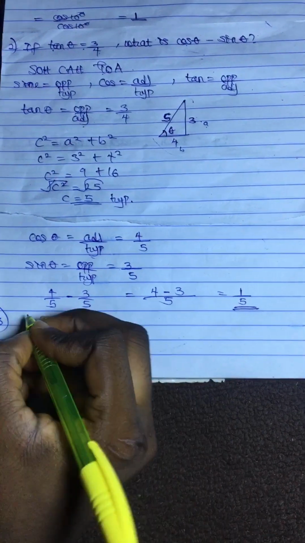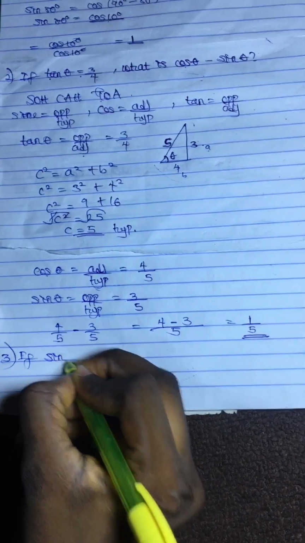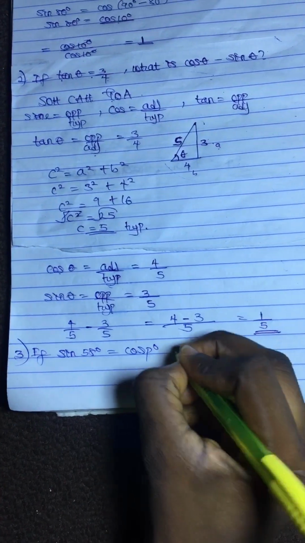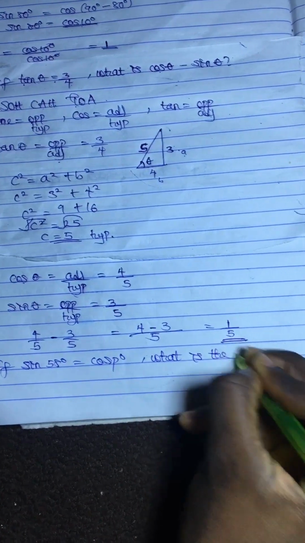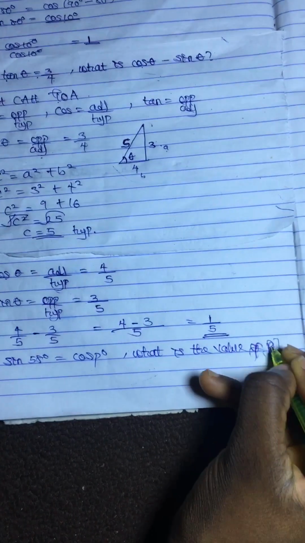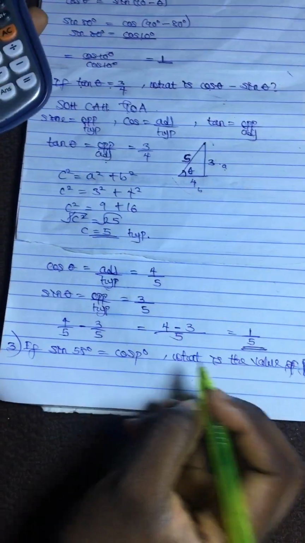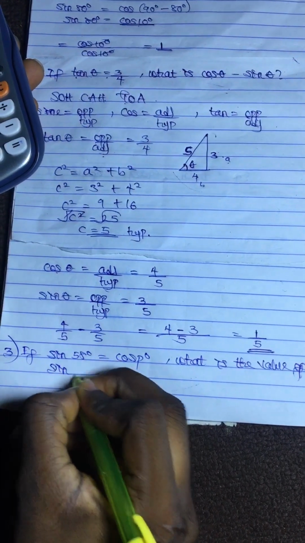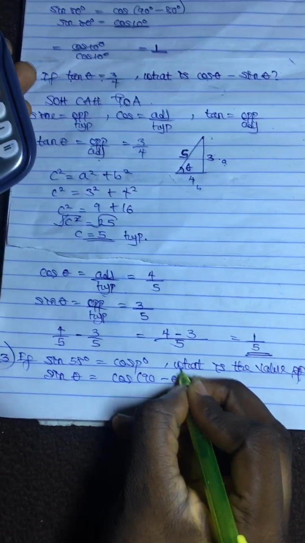So our next example states that if sine 58 degrees equals cos p degrees, what is the value of p? To calculate this one, we need to make use of the equation we listed before, which says that sine theta equals cos of 90 minus theta.